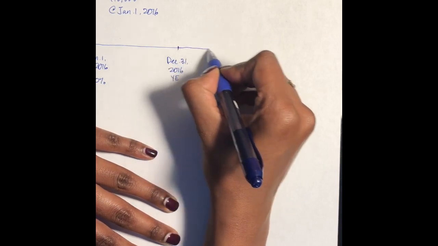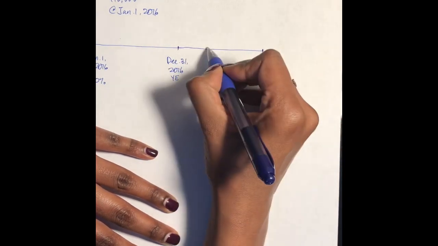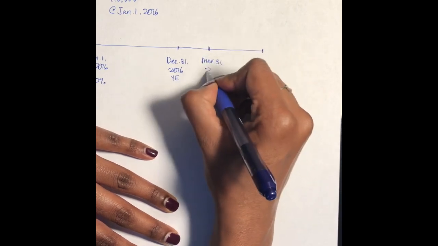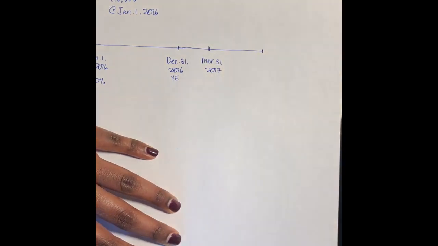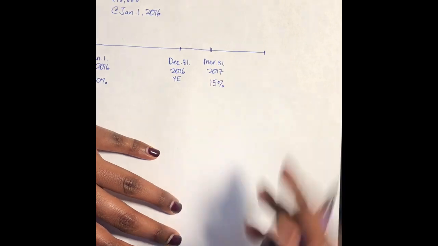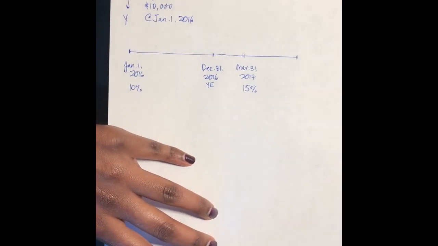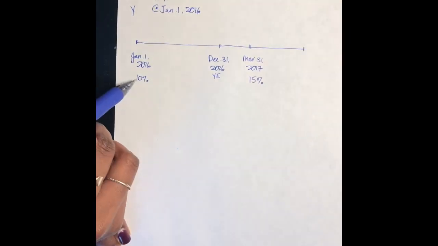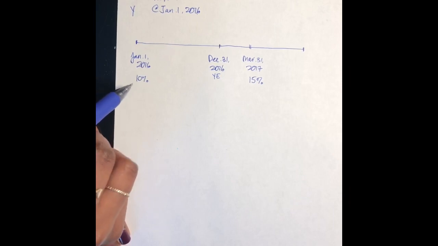So if you draw out the year 2017, somewhere over here at March 31st, 2017, 3 months into that year, they acquire an additional 15%. So basically, hopefully you can already see what's going on here. Here you have a financial instrument and you're going to use the fair value method, and we'll say fair value through profit and loss, to book your entry.